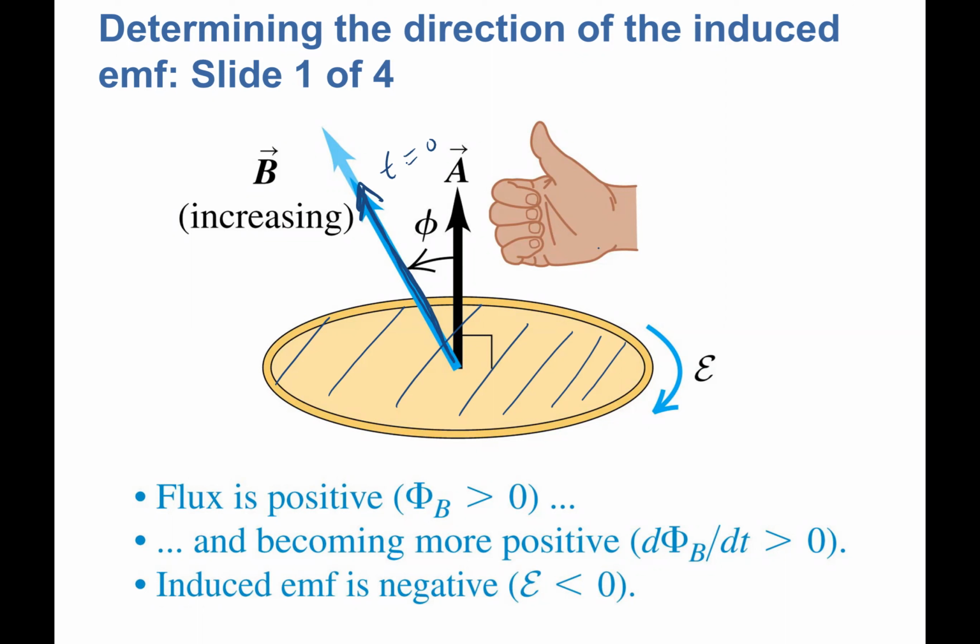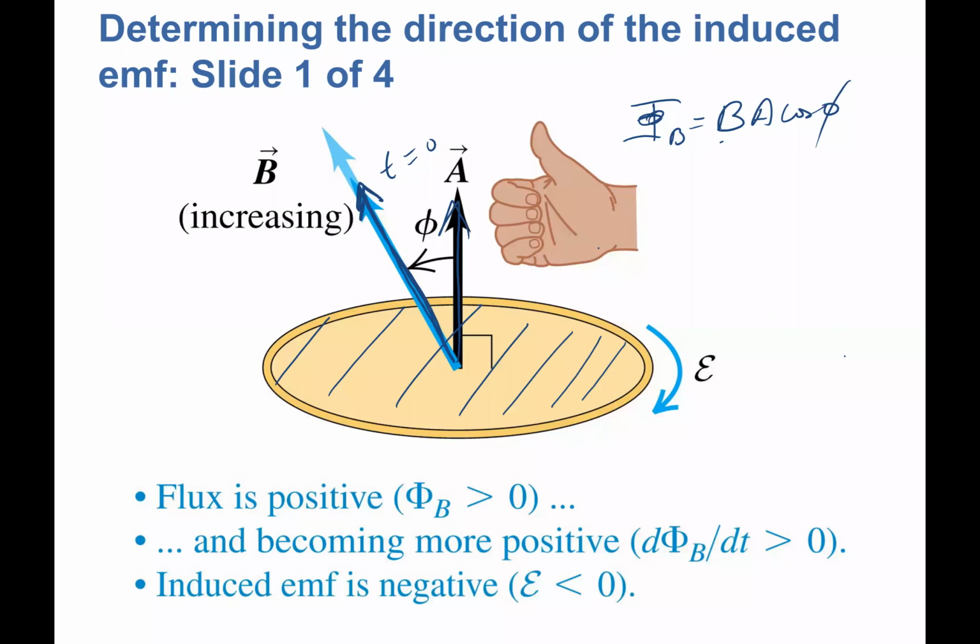That means one of the things I can do here is calculate the flux, because here's the vector A. I can calculate the magnetic flux by taking magnetic field times the area times cosine of phi. Now the question is, is there a magnetic flux here? Yes, there is. Why?